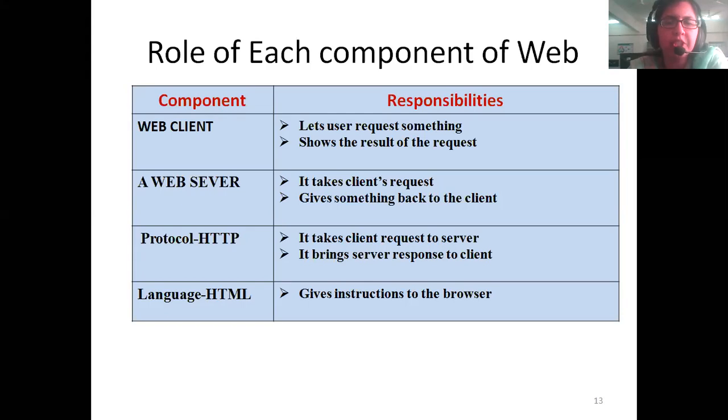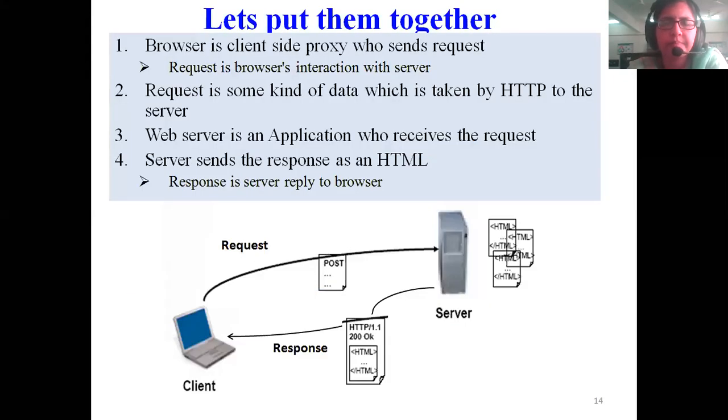The web server takes the client request and gives back the response to the client. The protocol HTTP takes the client request to the server and brings back the server response to the client. The language HTML gives the instructions to the browser about how the UI has to be displayed.